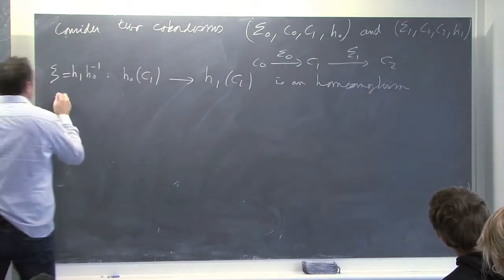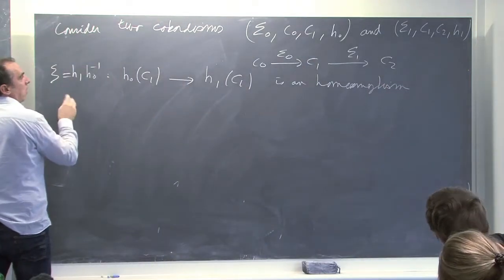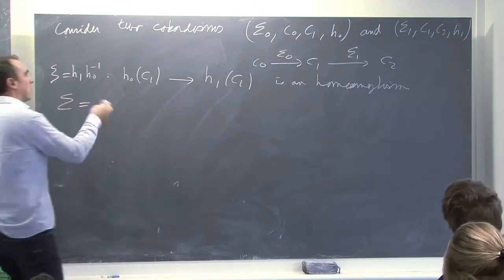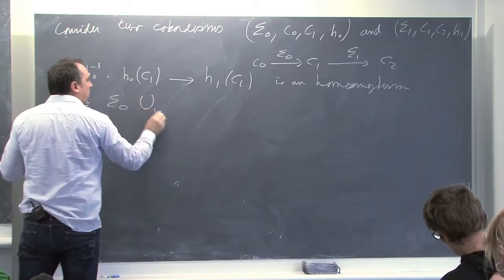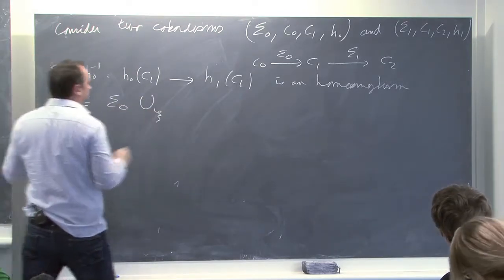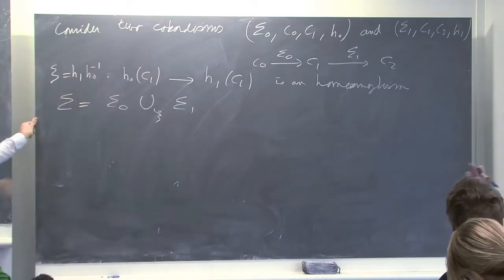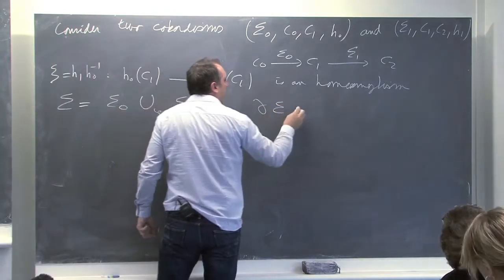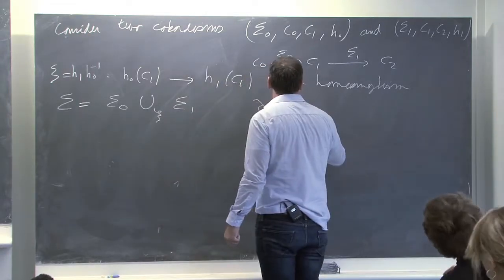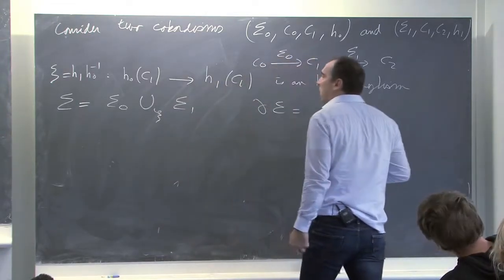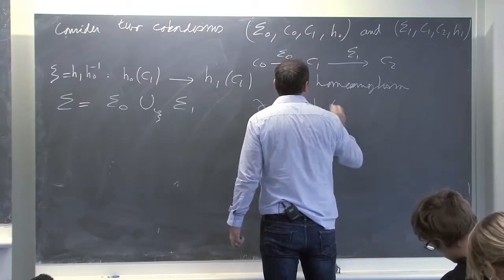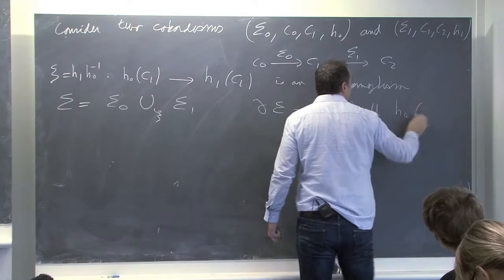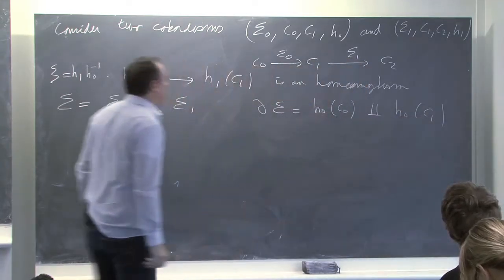So you can consider sigma as the gluing of sigma 0 and sigma 1 along this isomorphism. So the boundary is then H0 of C0 union H1 of C2.